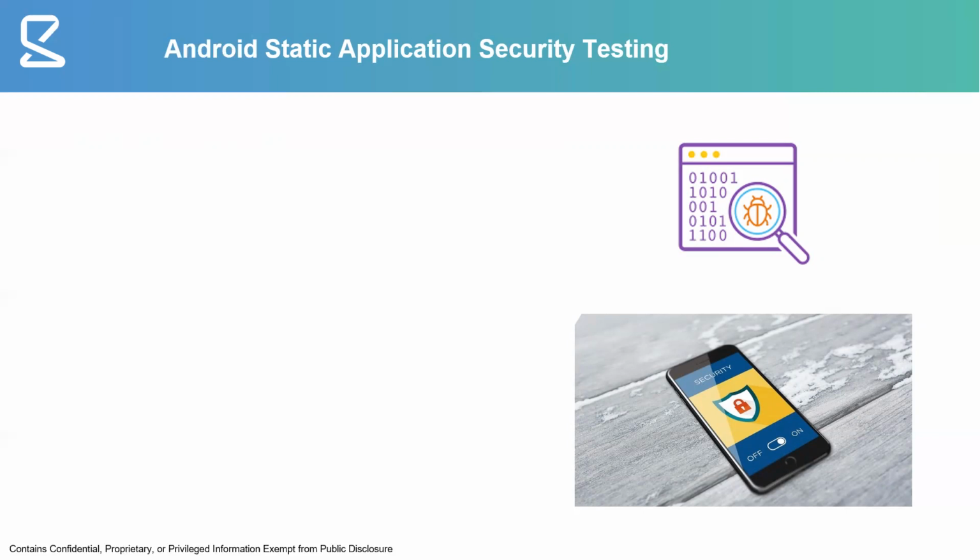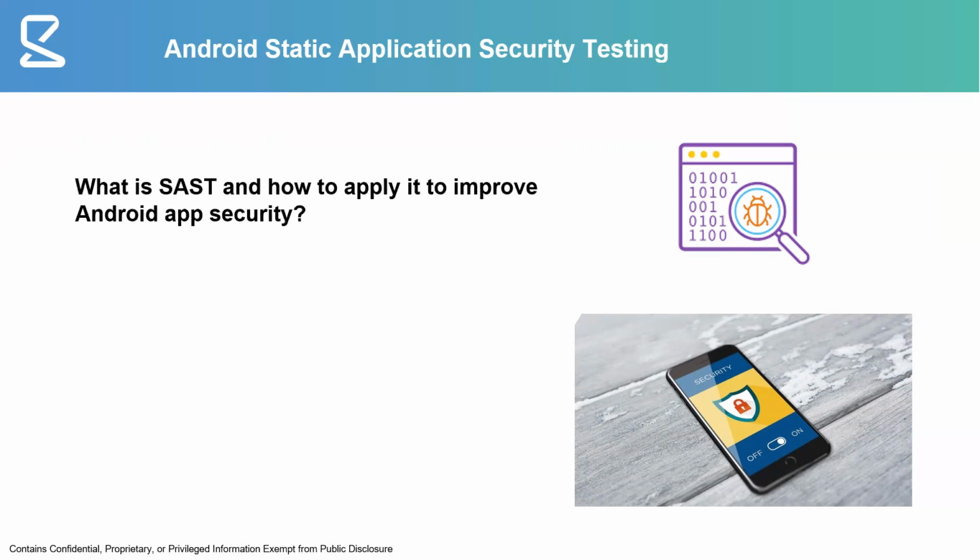Of course. So let's begin with some explanation of what SAST is and how you can apply it in order to improve Android app security. SAST stands for Static Application Security Testing, and it is a white box method of testing. It examines the code of a given app to discover security vulnerabilities and their exact location in the code.